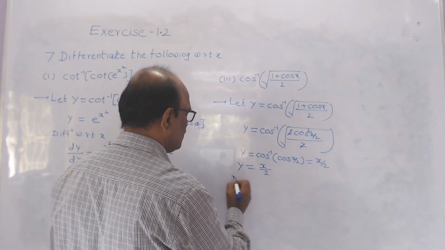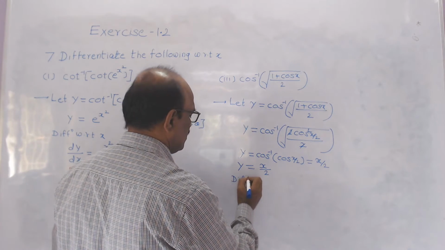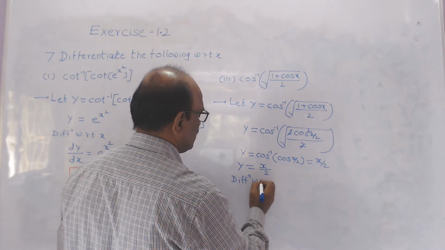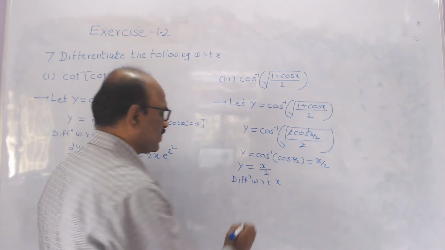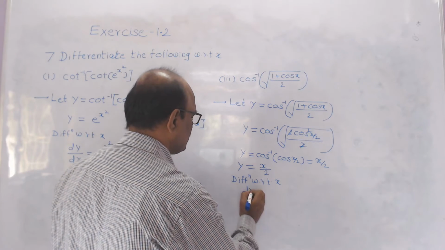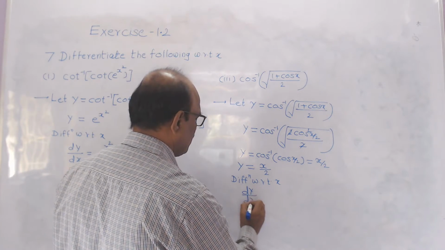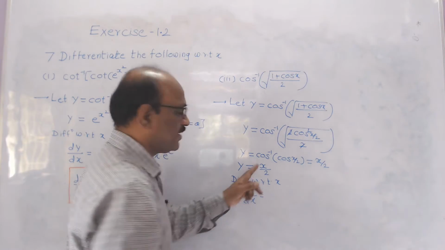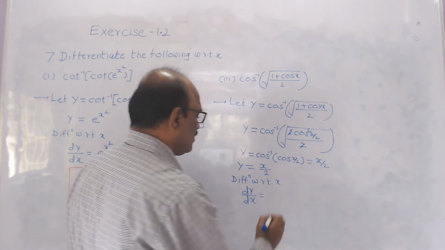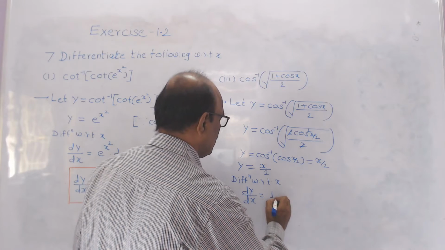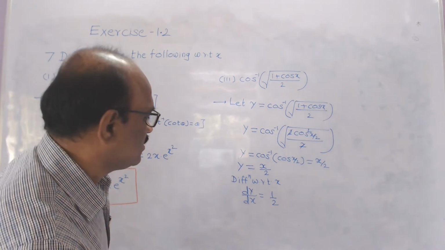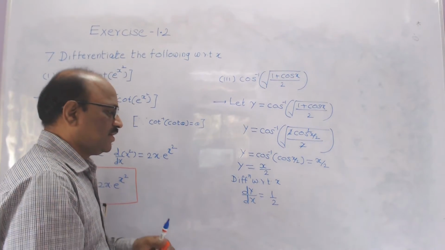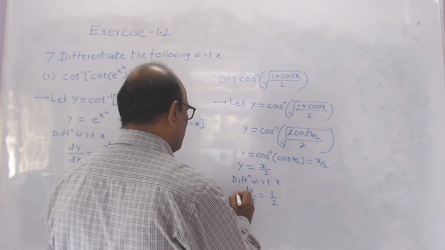Now differentiate this with respect to x. Therefore dy by dx, what is the derivative of x? The derivative of x is 1, and therefore it is 1 upon 2, and hence the answer is dy by dx is equal to 1 upon 2.